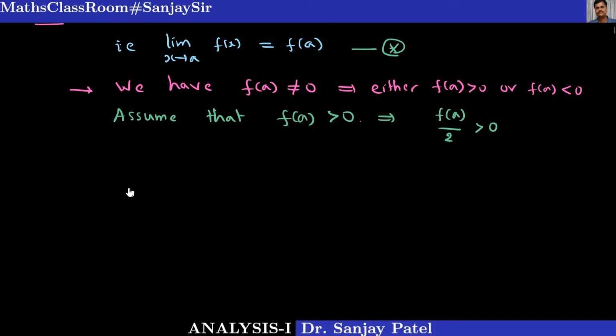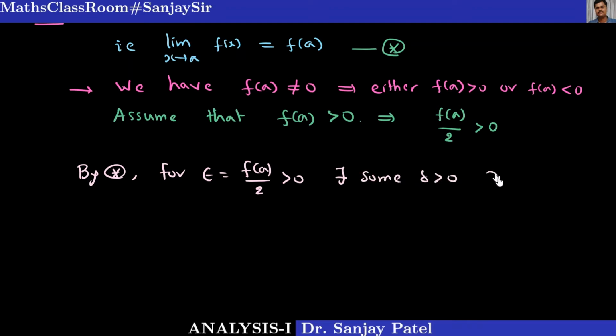So for epsilon equal to the number f of a by 2 greater than 0, because of star, there exists some delta such that whenever 0 less than mod of x minus a is less than delta, implies mod of f of x minus L, where L is the limit which is f of a in this case, is less than epsilon.